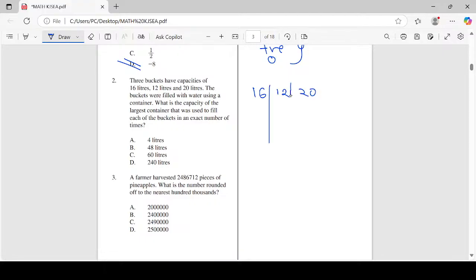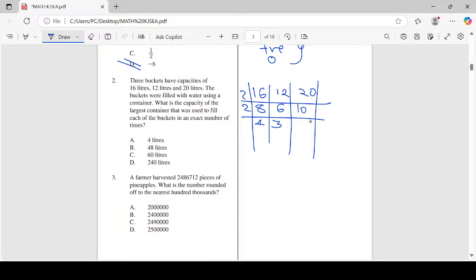When you're getting the GCD, I'm sure you remember that you need to get a number that goes into all the three numbers. So the smallest number is 2. 2 into 16 is 8. 2 into 12 is 6. 2 into 20 is 10. Another smallest number is 2. 2 into 8 is 4. 2 into 6 is 3.